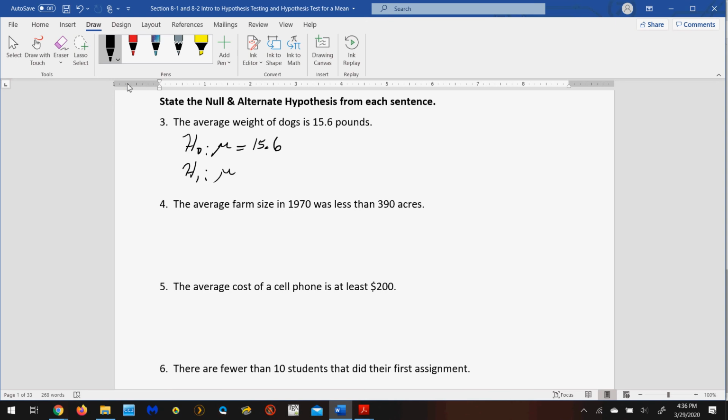Now what would be the complement or opposite of equaling? That means not equaling. And that gives me H sub 1. Now a little more than what it mentions, this would then be called my claim. How do I know? Because that's what I am actually told here. So now it says the average farm size in 1970 was less than 390 acres.